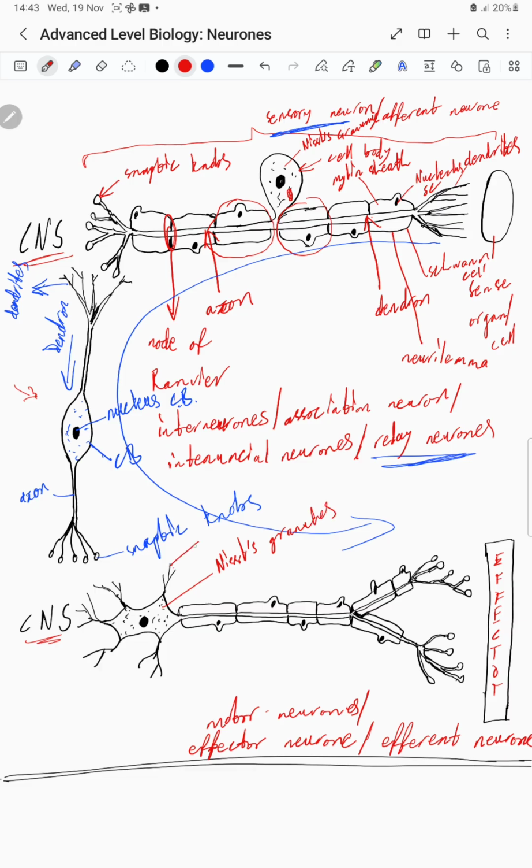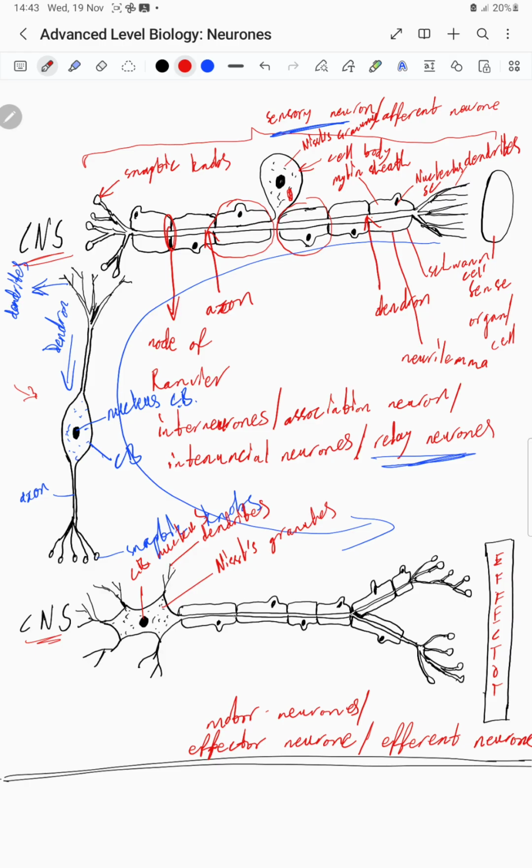We have Nissl granules, dendrites, cell body, nucleus.